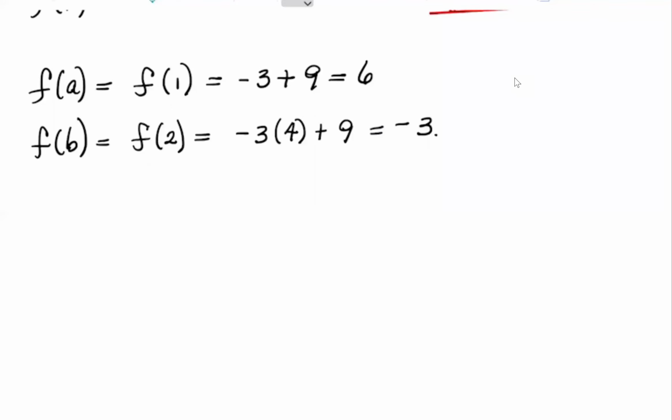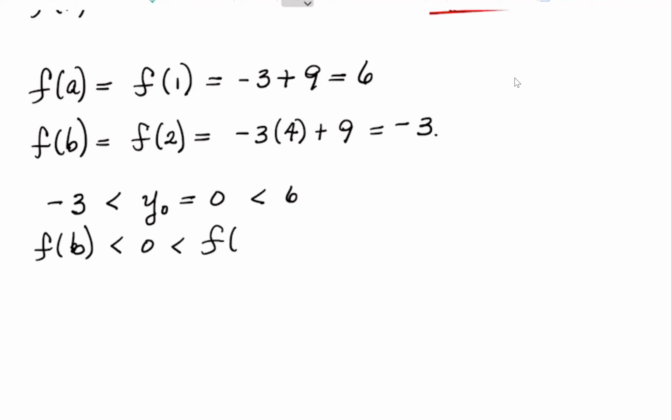So as we can see, negative 3 is certainly less than our y naught, which we said is 0, which is certainly less than our 6. So this is f of b, is less than 0, is less than f of a. So our y naught is indeed between f of a and f of b.